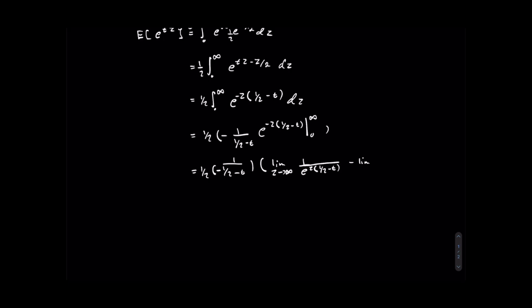Evaluate the other limit, and this whole thing becomes equal to 1. And the other, where we divide by a very large number, becomes 0.